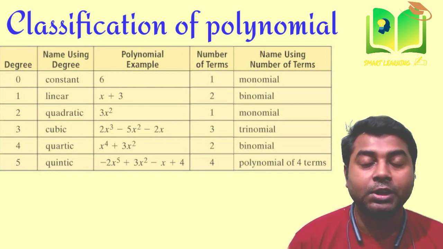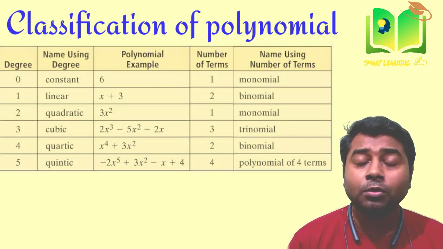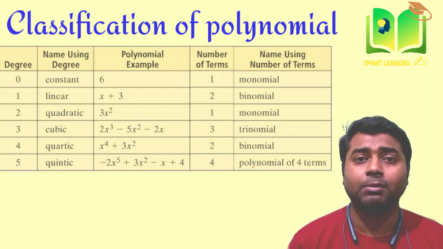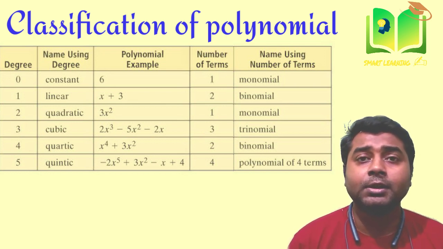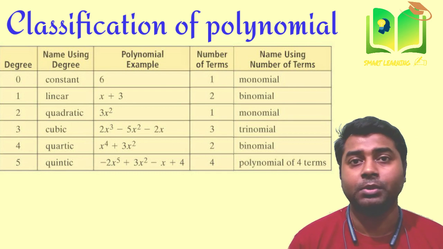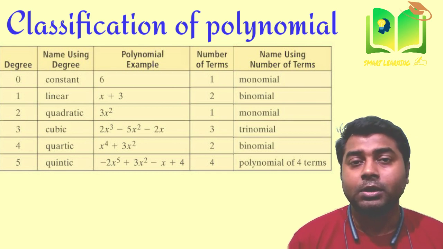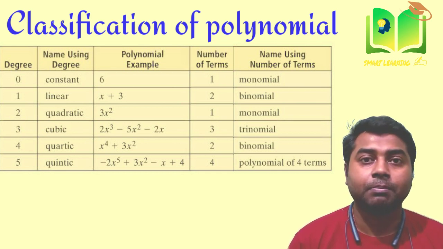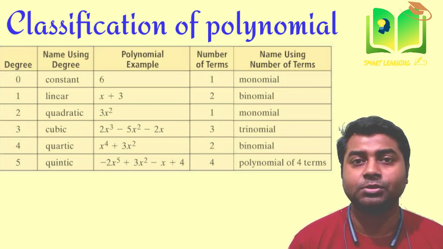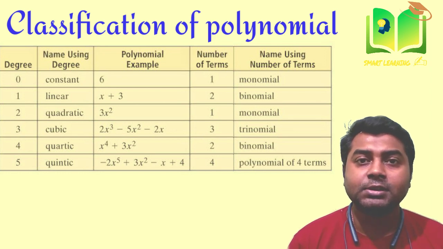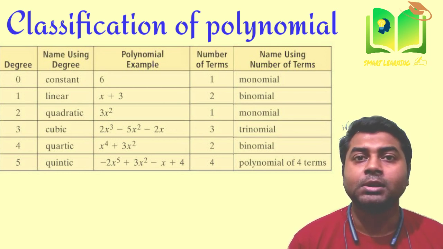According to degree, if there is no variable or only a constant term like 2, 3, minus 5, 4 like that, then the degree is 0. This type of polynomial is known as a constant polynomial. Now if the power or degree is 1, suppose x plus 1, x plus 2 like this, this type of polynomial is known as a linear polynomial.